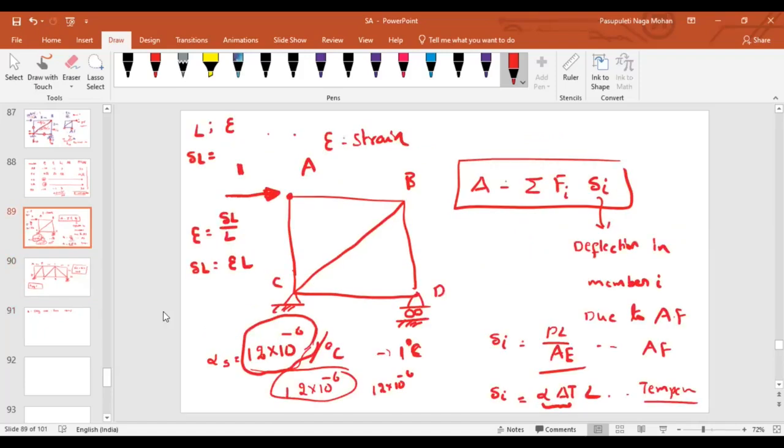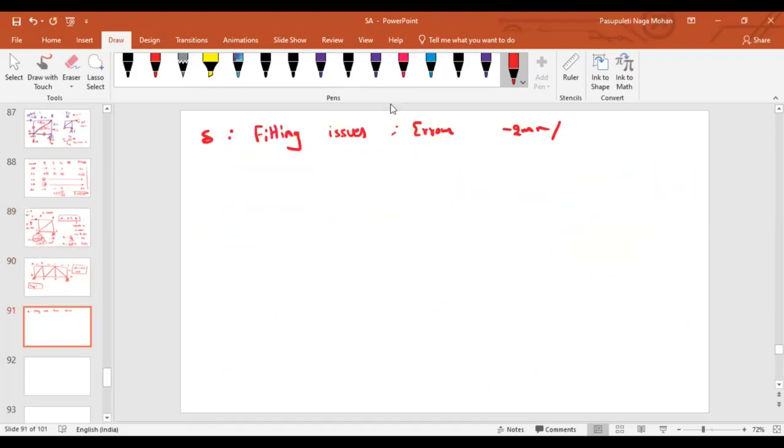If it is due to temperature changes, we use alpha into delta T into L. If it is due to fitting or fabrication issues, those values will be given directly, and there is no need to find anything separately. Depending upon the type of problem, we have to use the appropriate formula.